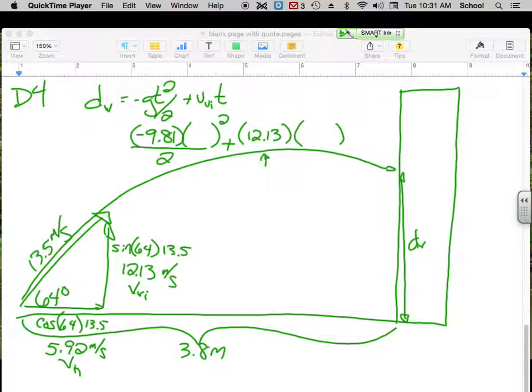Oh my goodness. Good job, Mohammed. Hey, I know that DH equals VH times T, and if I'm looking for T, I need to bring the VH over here, and I say, hey, it was 3.8 meters over, and the over speed was 5.92 meters per second.